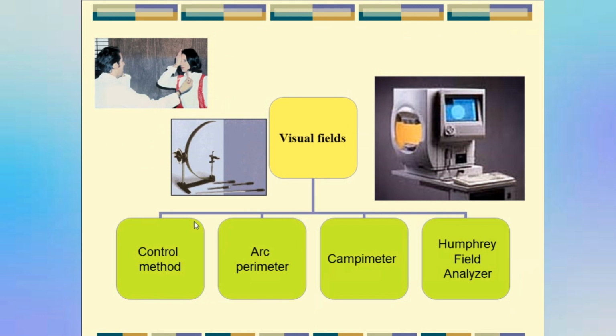I hope during your classes in physiology you can use the arc perimeter and have the opportunity to measure the visual field. We can use a campimeter, and nowadays the Humphrey visual field analyzer or other devices which help us to measure the visual field using electronic devices.